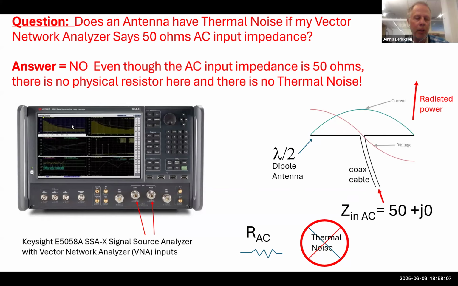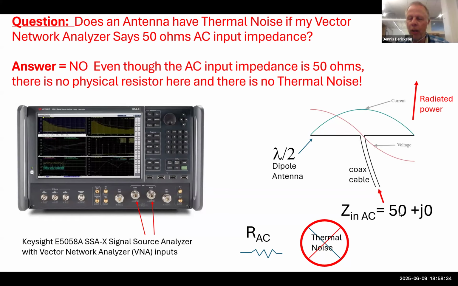This is an example of a vector network analyzer as part of the Keysight N9020B signal analyzer. And between these two terminals right here, we have a vector network analyzer that can cover from 0 to 50 gigahertz. So if we looked at the resonant frequency of this antenna right here, we might find that at some frequency it has an impedance of 50 ohms plus j0 reactance.